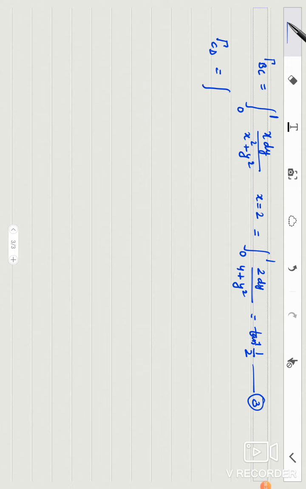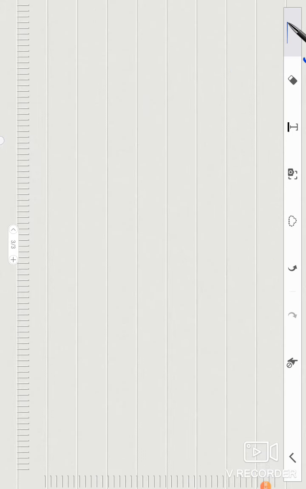Now come to gamma CD. In gamma CD, y is constant and x is variable.